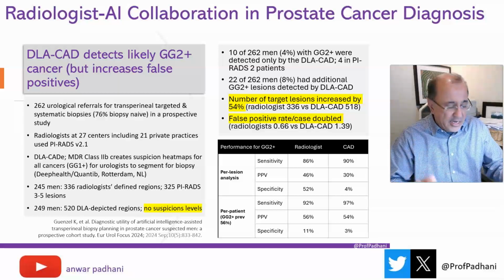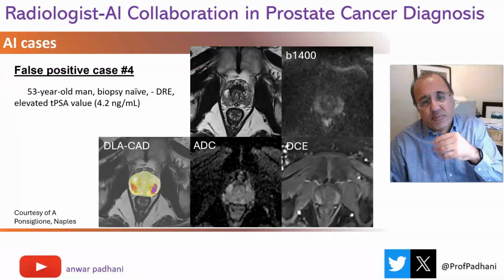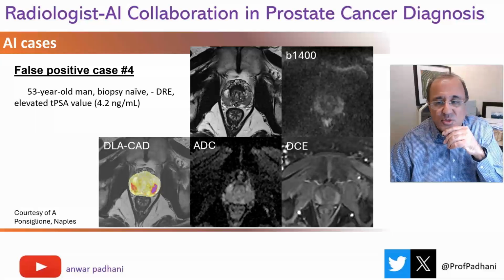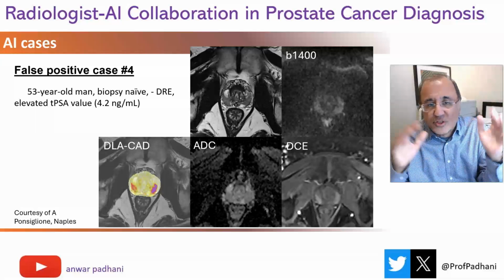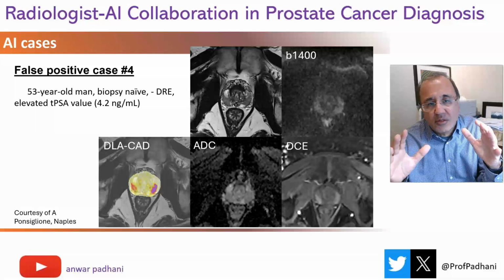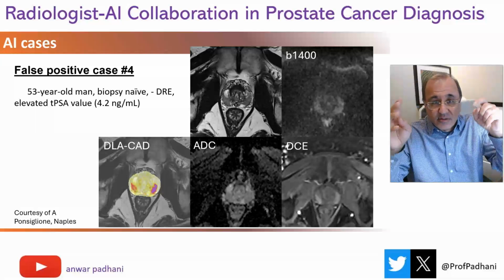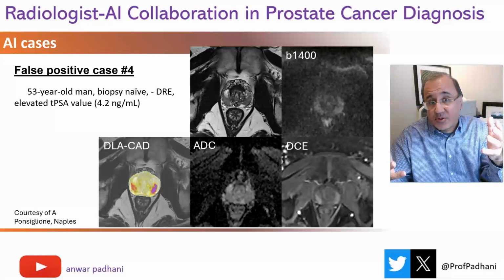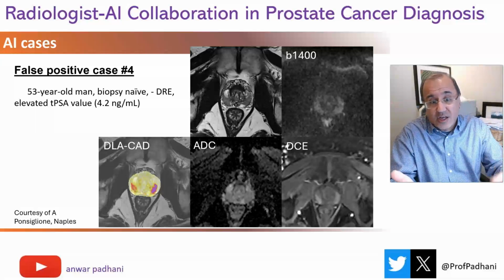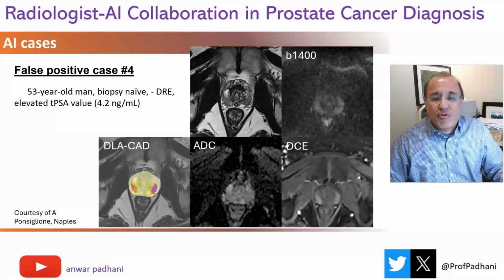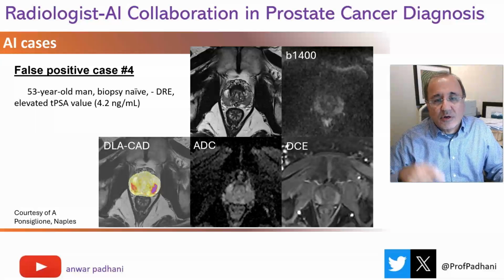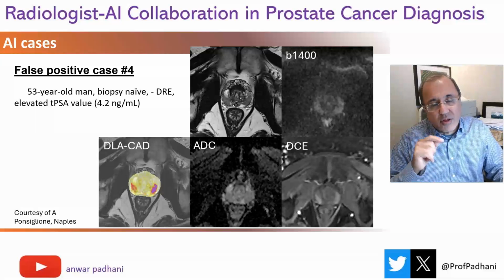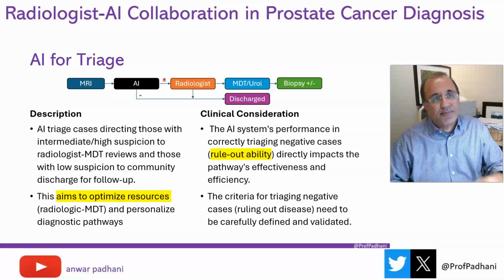Too many lesions were being seen. For example, in this particular case, there's a lesion in the left peripheral zone, which the radiologist will call normal, and which the AI says, look at this case, but doesn't give a suspicion level. It just says, look here. And if the urologist biopsies that area, this leads to the increased number of false positive lesions per case.